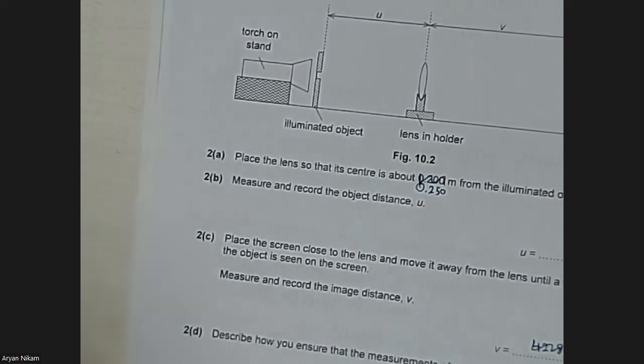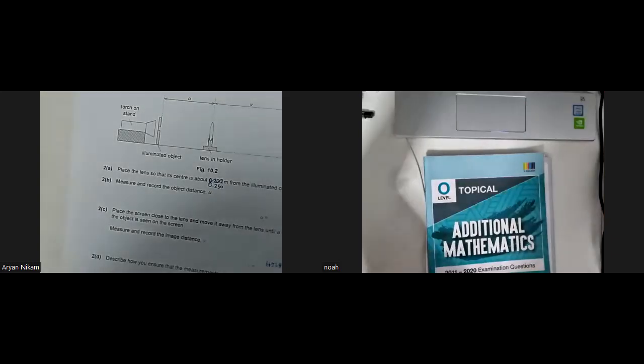Okay, the U once. Then the V, you record how many times? Because if the U is fixed, the V will be at that particular position. We just get it once, right? Maybe you measure 2 or 3 times, but it's there only, right?